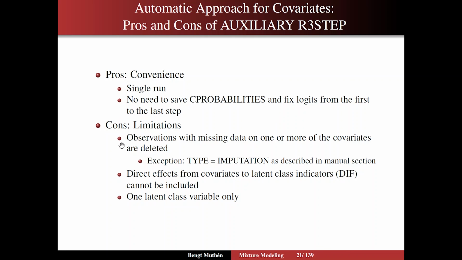Limitation, observations with missing data on one or more of the covariates are deleted, just like in regression, with the exception of type equals imputation. Direct effects from covariates to latent class indicators, differential item functioning or measurement non-invariance cannot be included. And actually that's covered especially in Webtalk 9. And again, only one latent class variable can be handled.